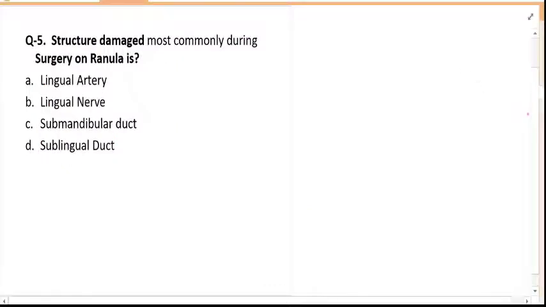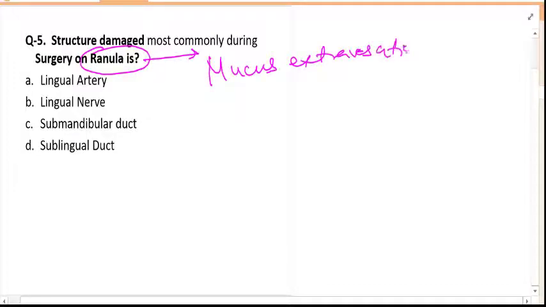Structure damaged most commonly during surgery of ranula. See, first of all, there is much controversy about what ranula basically is. Just remember, ranula is a mucus extravasation cyst in relation to the sublingual gland.